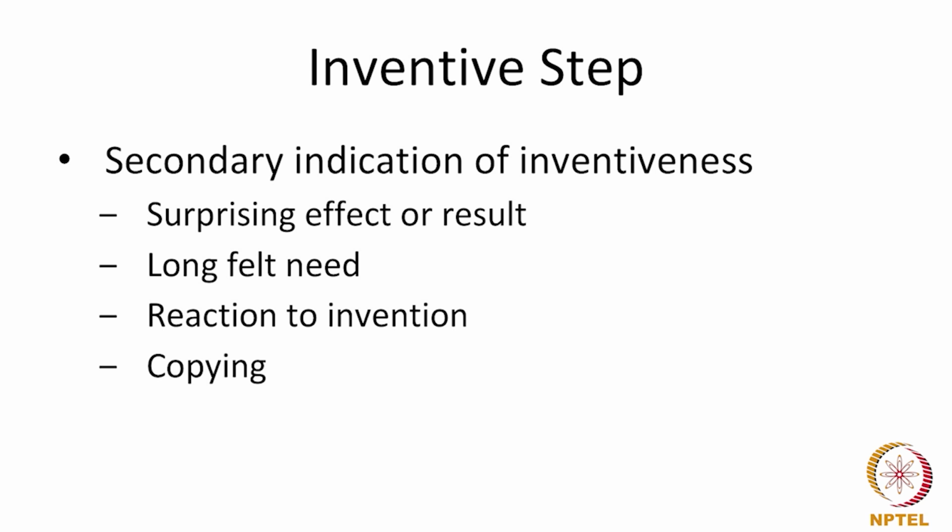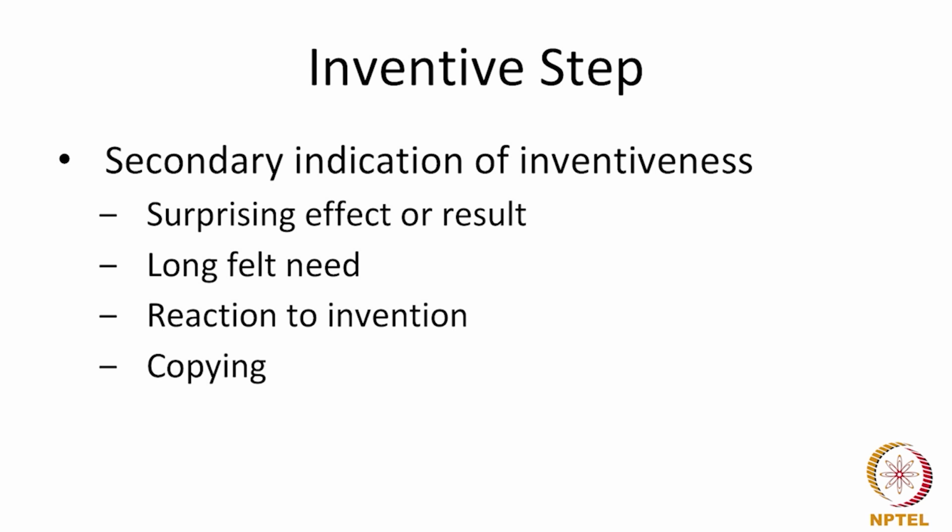Commercial success, the fact that the invention came out into the market and it was a commercial success, could be another secondary factor or secondary indication of inventiveness. Reaction to the invention, that is, how the invention was perceived, could also be one of the secondary considerations. Now, reaction to the invention could include a competitor trying to license the technology from an applicant.